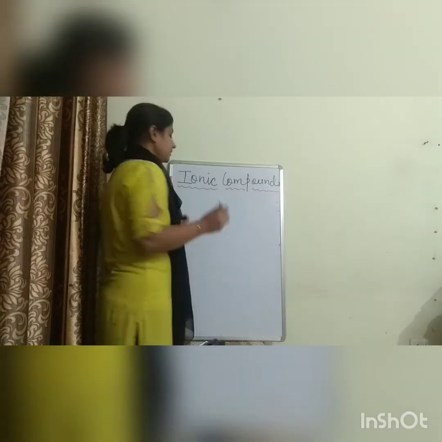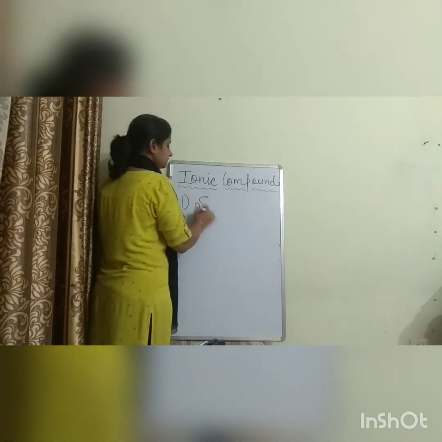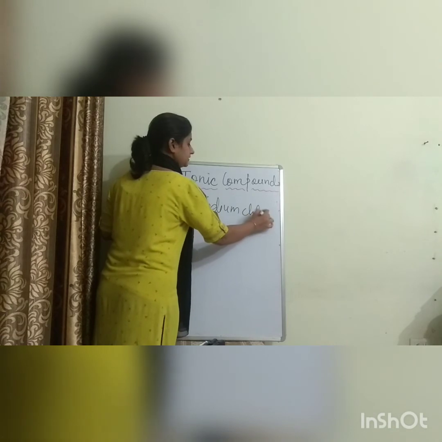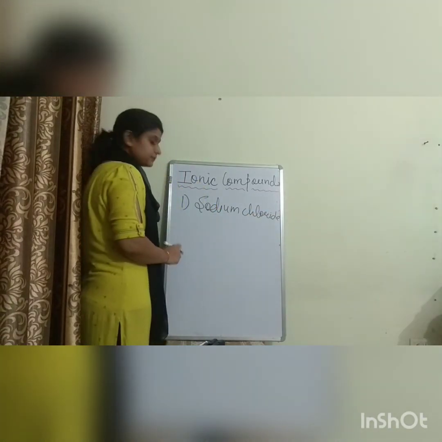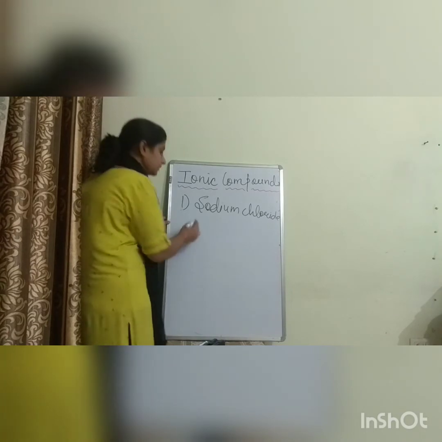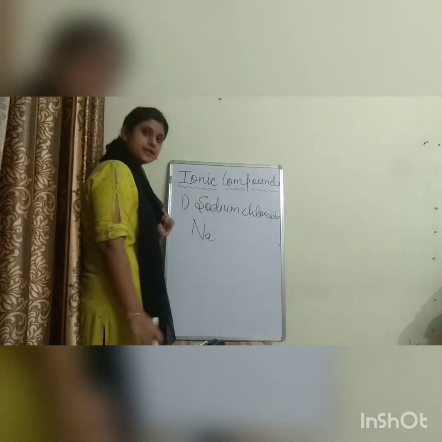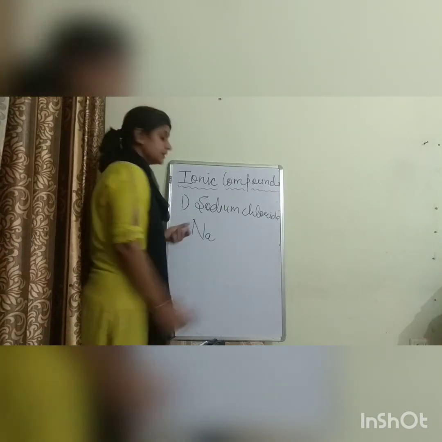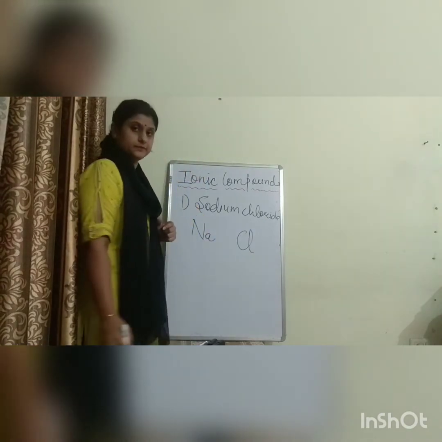Now, the first example, sodium chloride. As you know, here sodium is the metal. So first of all, we write the symbol of sodium, which is Na, right? Chloride means chlorine is the non-metal, so we write the symbol of chlorine.